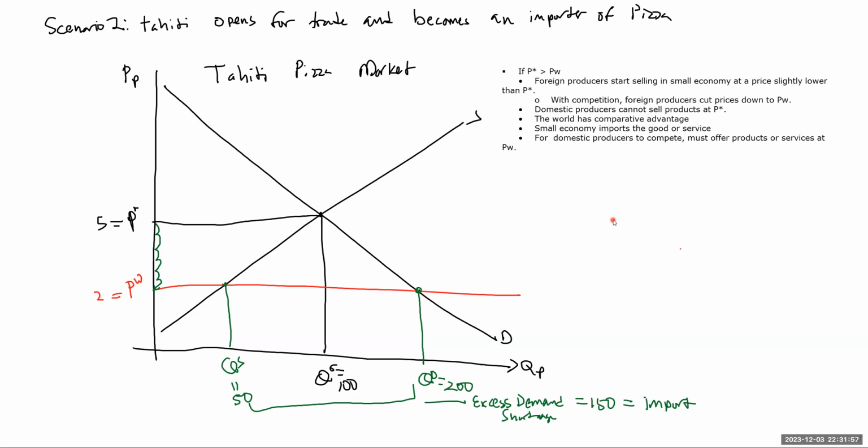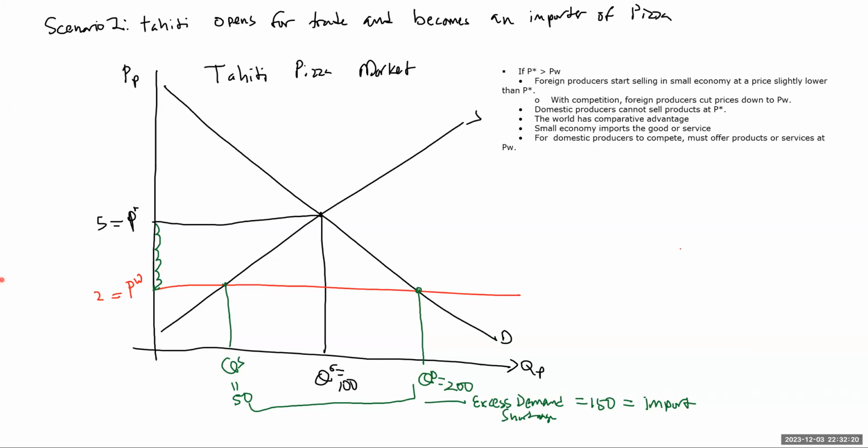Domestic producers cannot sell products at P star anymore. They have to lower the price to PW. And that causes quantity demanded to increase while quantity supplied domestically decreases. The difference is met by imports.